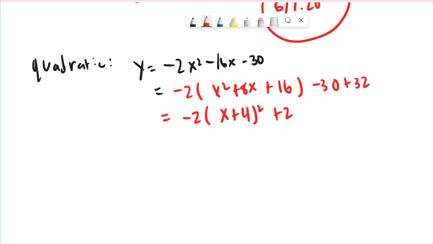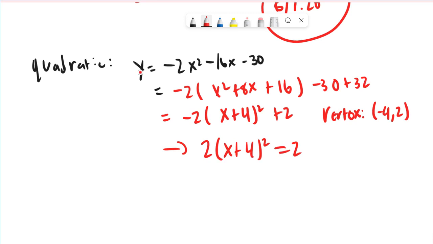Now, in order to find the graph of the equation, we now know that the vertex is negative 4 comma 2. And then from there, we just need to find the x-intercepts. How do you find the x-intercepts? You set the equation to 0. So that would give you 2 times x plus 4 to the second power equals 2. And then that would give you x equals negative 3 comma negative 5.